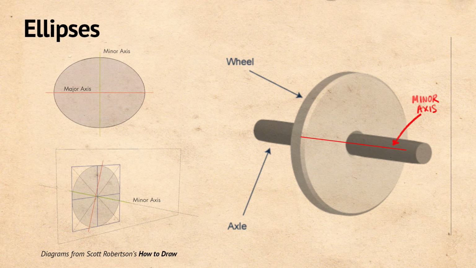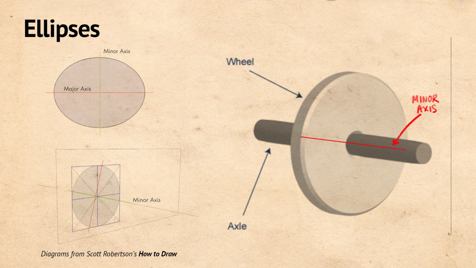the major axis is basically the line that cuts across the oval shape or the ellipse at the longest dimension, whereas the minor axis is the dividing line that cuts across the ellipse at the shortest dimension.